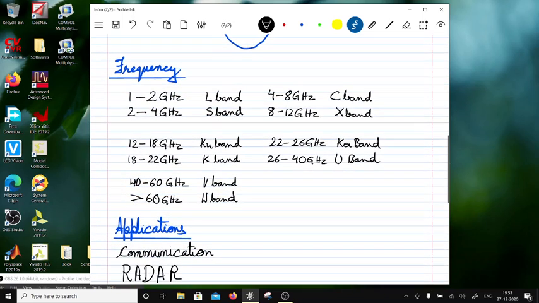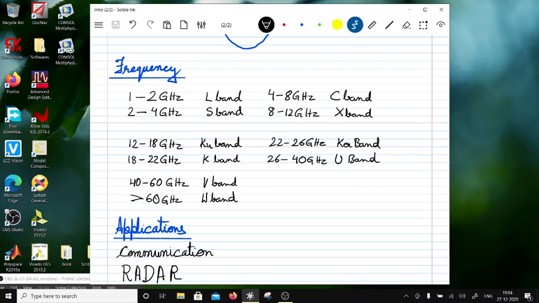Now, when we study these EM waves, in any textbook you will find that frequencies are arranged in various bands, and these bands are allocated for various applications.